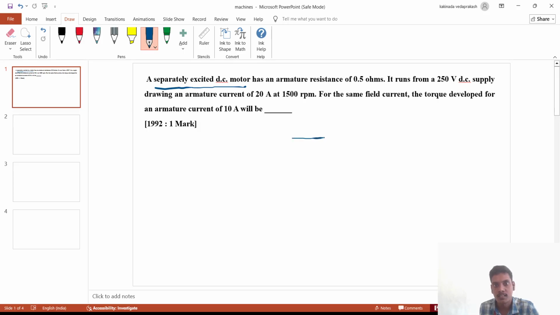This is the field winding, with the voltage applied to the field winding VF, the current flowing through the field winding IF, and the terminals Z and ZZ. At the same time, I am going to draw the armature side circuit. This is my armature circuit of the DC motor.